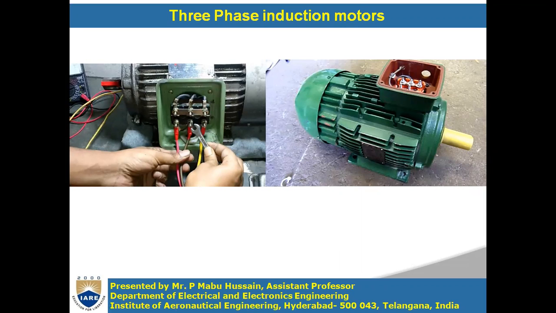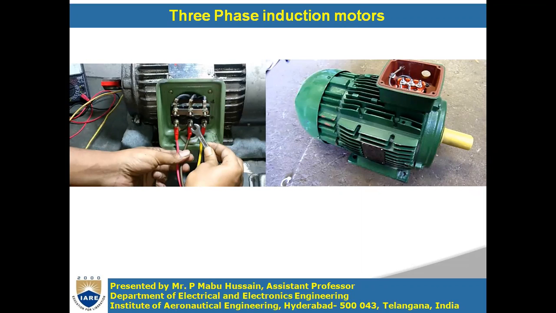In some induction motors all 6 terminals are given outside, while in others only 3 terminals are given outside, and the remaining 3 terminals are internally connected either in star or delta.